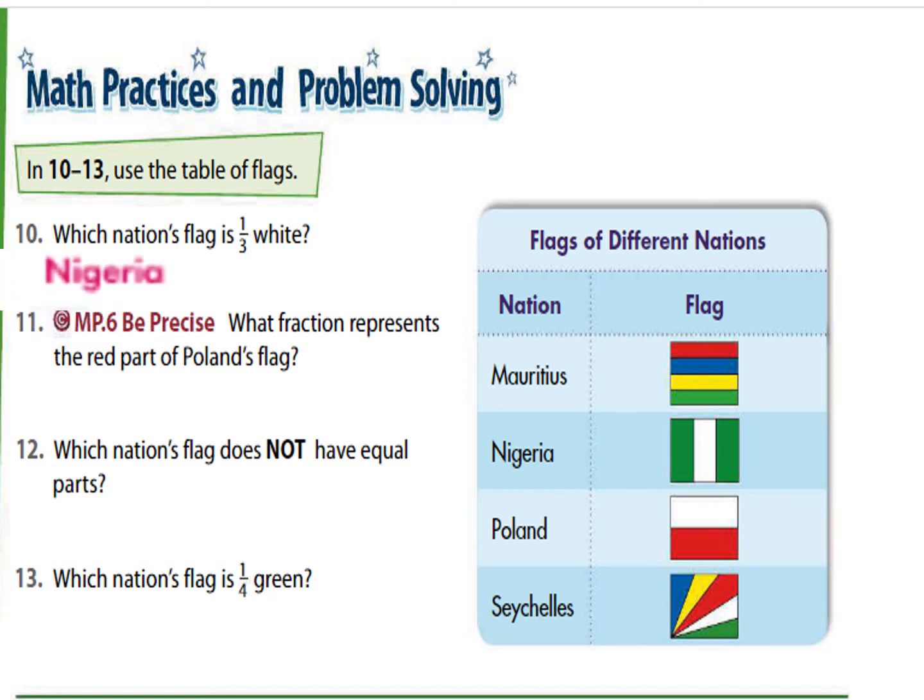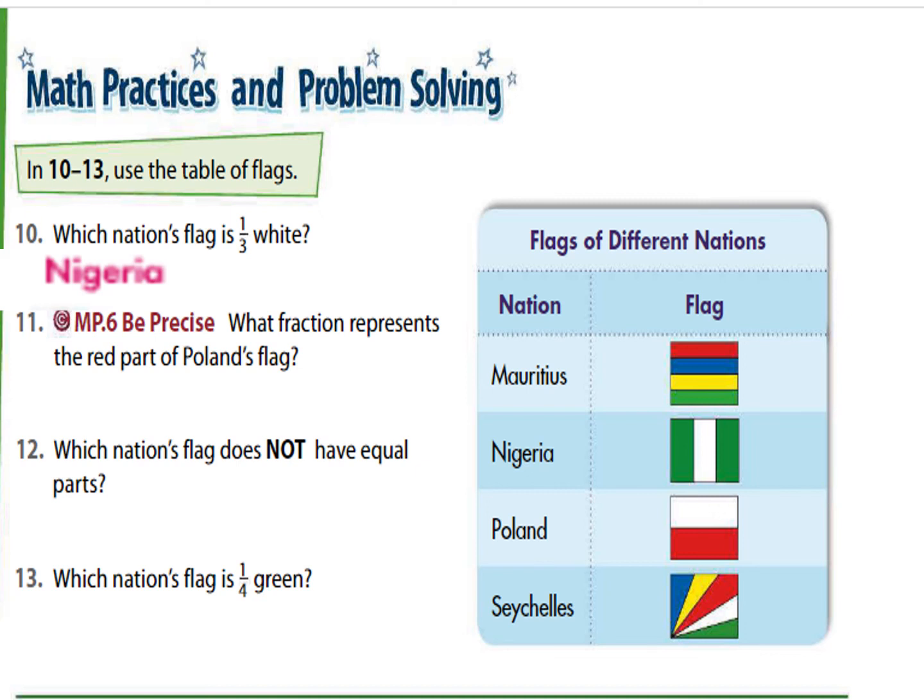Now look at question 11. What fraction represents the red part of the Poland's flag? Look at the flag in the table and tell me what is the fraction of the red part. Amazing! 1 over 2, or half.